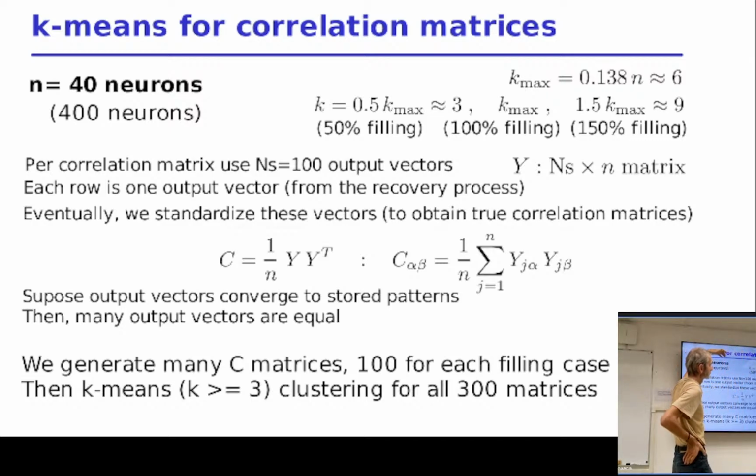For 40 neurons, it would mean 3 patterns in this case, 6 patterns in the 100% filling case, and 9 patterns in the 150% filling case. For 400 neurons, it would be 30, 60, and 90.